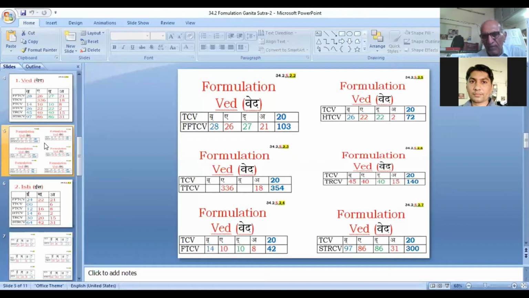The fifth fold will take us to value 140. And the sixth fold will take us to value 300. These values 102, 354, 42, 72, 140 and 300 are the values which accept parallel geometric formats.